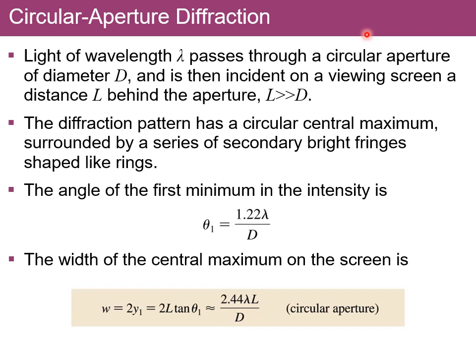The angle of the first minimum in the intensity is theta 1 equals 1.22 lambda over d. The width of the central maximum on the screen is then W equals 2y1, roughly 2.44 lambda L over d.